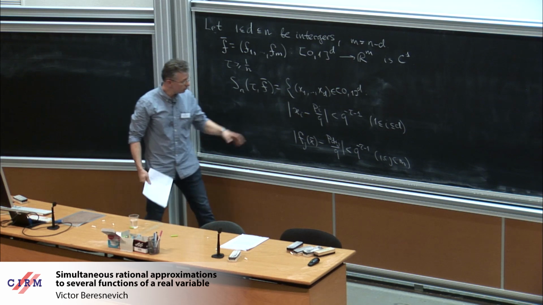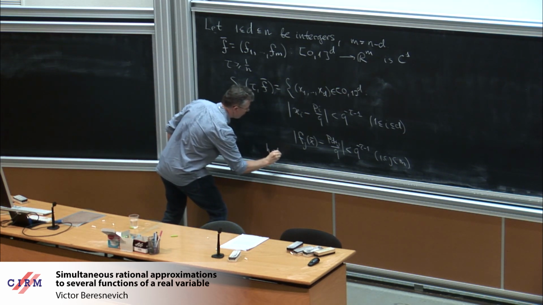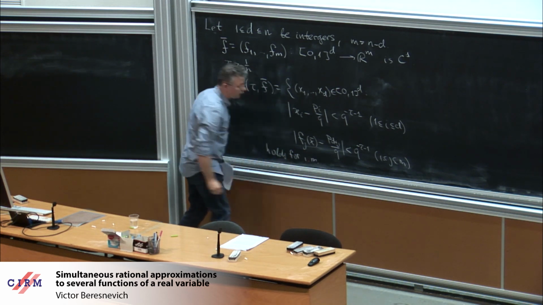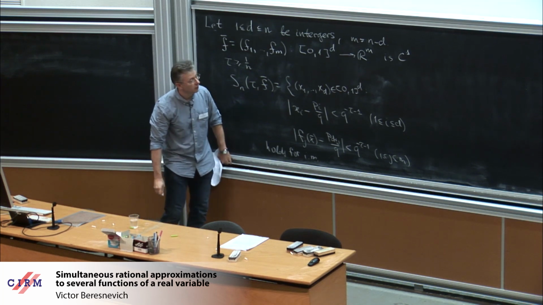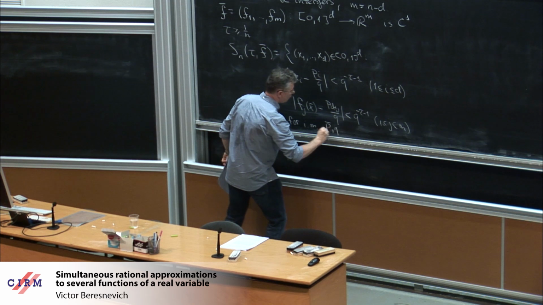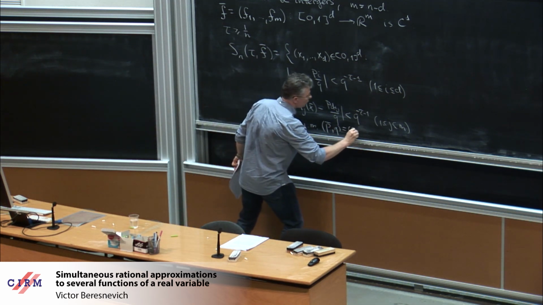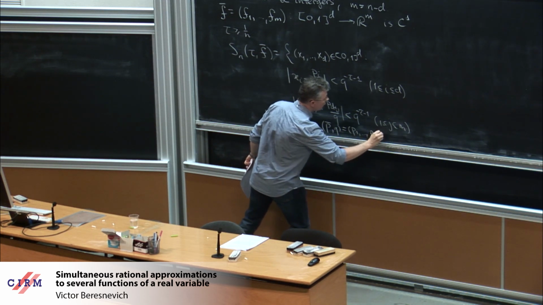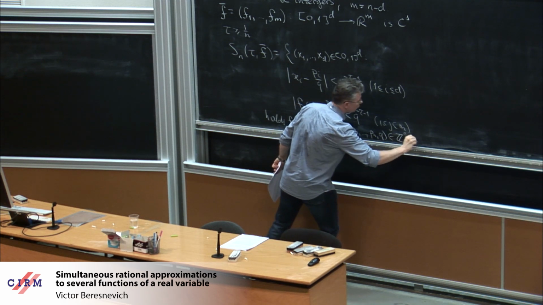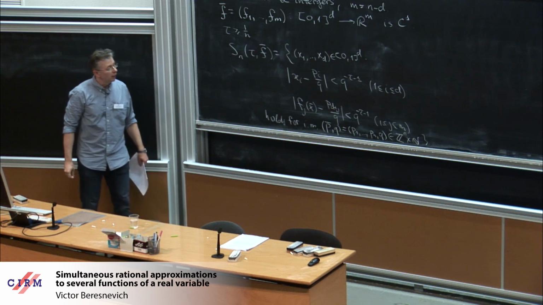And I will assume that this system of inequalities holds for infinitely many (IM will stand for infinitely many) integer vectors (p, q), so that's p1, ..., pn, q in Z^n cross N. So I'll assume that q is strictly positive.